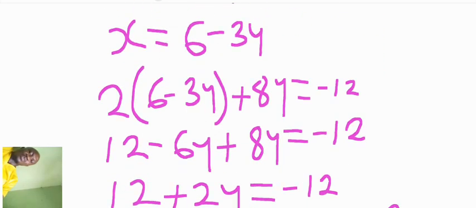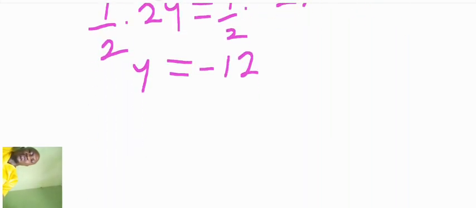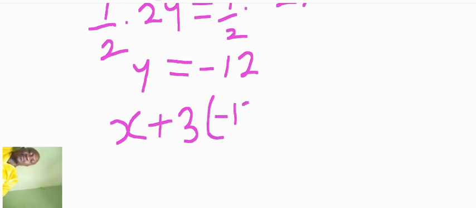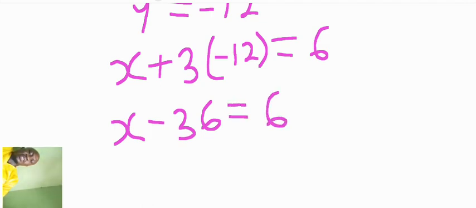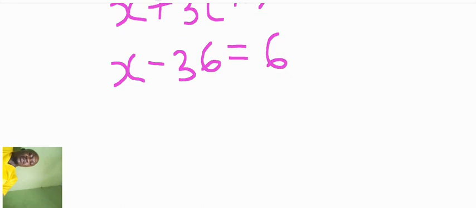Okay, so let's proceed. So from equation 1, I have x plus 3y. What is my y? My y is negative 12. And this will be equal to what? 6. So I have x minus 36. This is equal to 6. So we have to add the additive inverse of negative 36 to both sides of the equation.